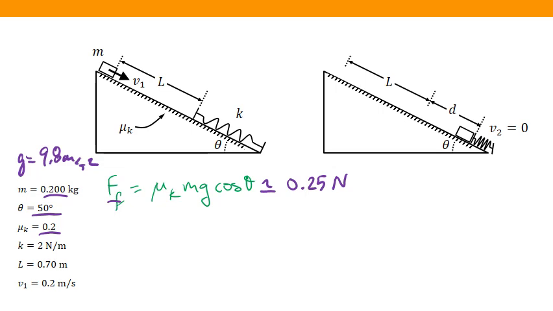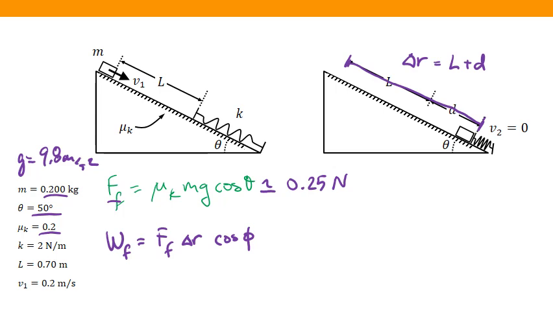So now what I want is not the force of friction, but the work done by friction. Well, that's going to be my force of friction times my displacement. And my displacement is the whole way down the incline, so my displacement is going to be L plus D. The other thing I want is the cosine of the angle between my force and my displacement.